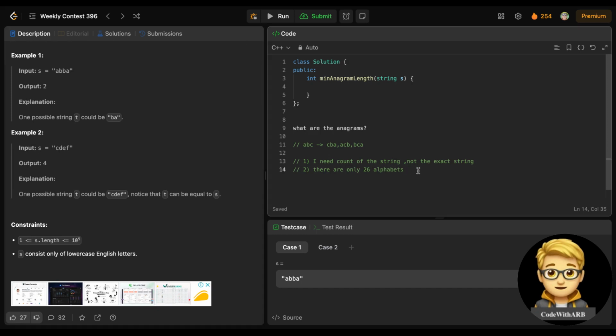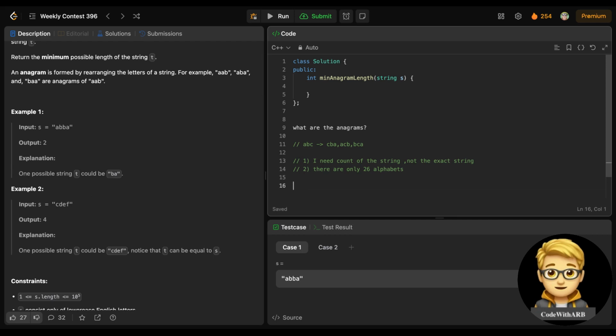So how will I find the minimum length which can give me the concatenation? I started thinking about how I would rearrange it so that I get every character when we concatenate all the strings. So for that I thought of counting characters.